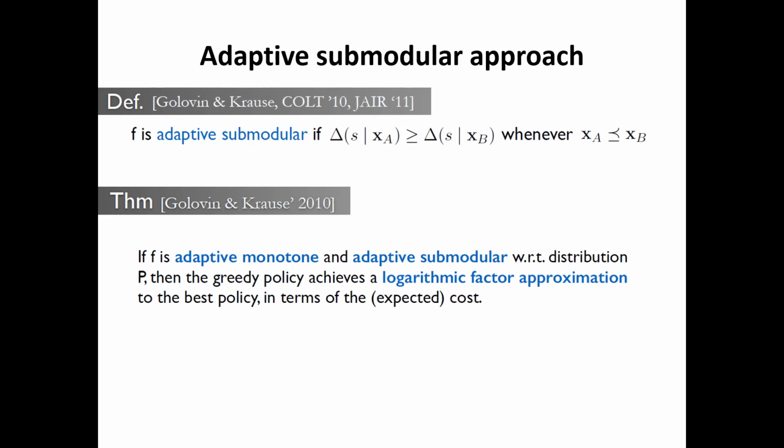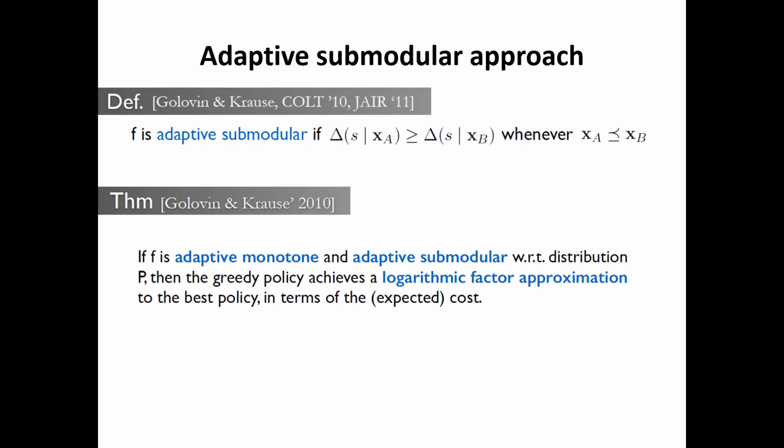Of course, there might be some tests present in B which might be absent in A. Then we call f adaptive submodular if for every new unperformed test s, the conditional expected benefit of this test conditioned on xA is larger than or equal to the conditional expected benefit of this test conditioned on xB.